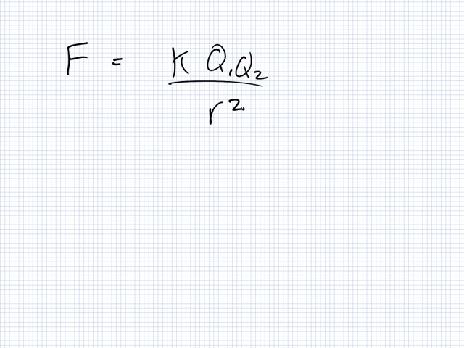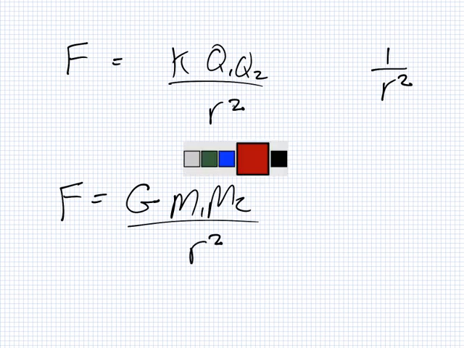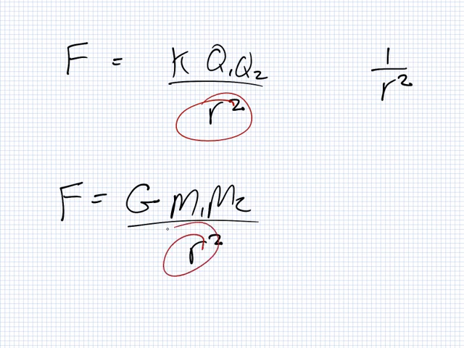There's actually a lot of formulas in physics that have a 1 over R squared in them. Another formula, which we haven't done yet but maybe you remember from school, is this one. Do you notice both these formulas have an R squared in them? In fact, a lot of physics formulas have an R squared in the denominator.